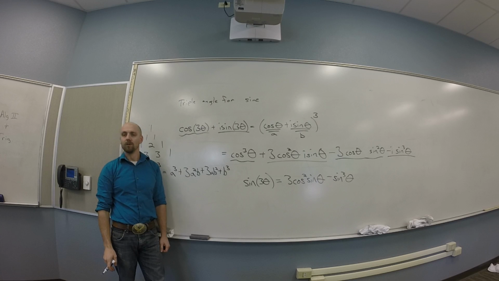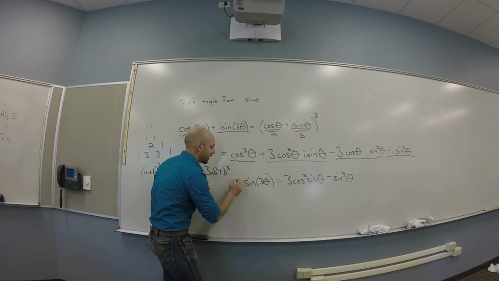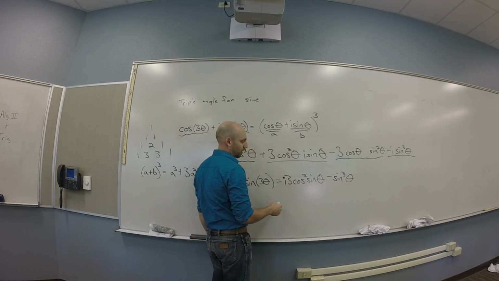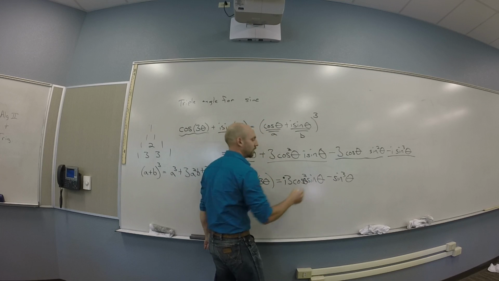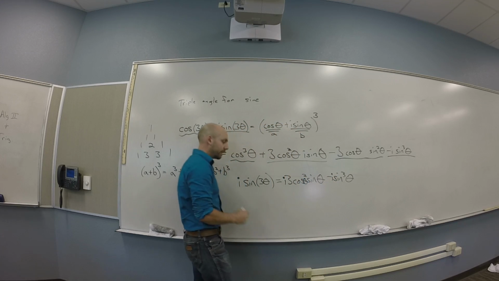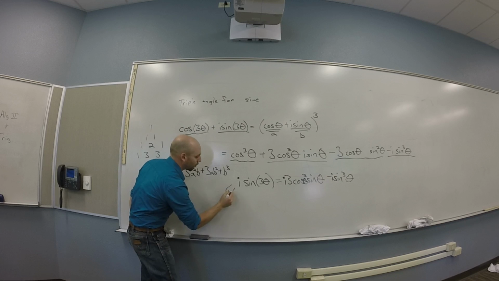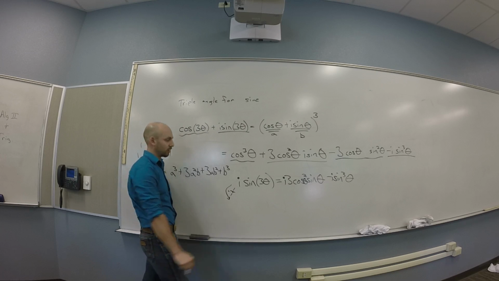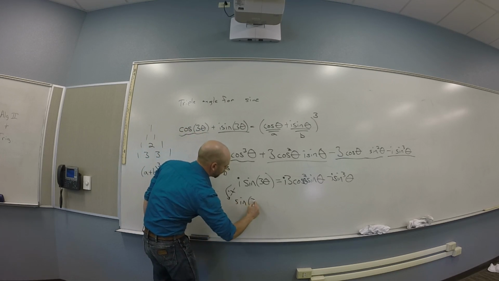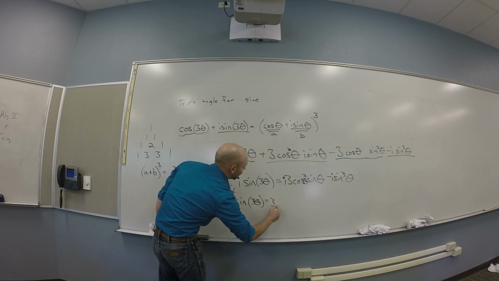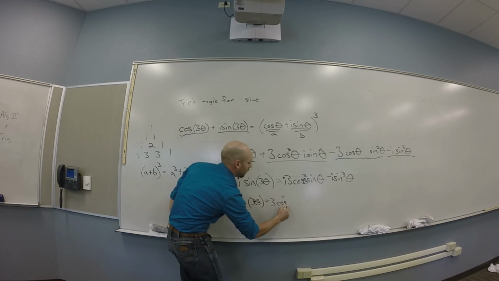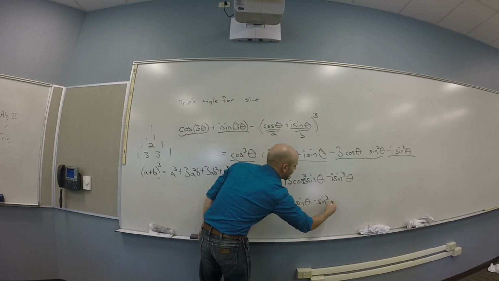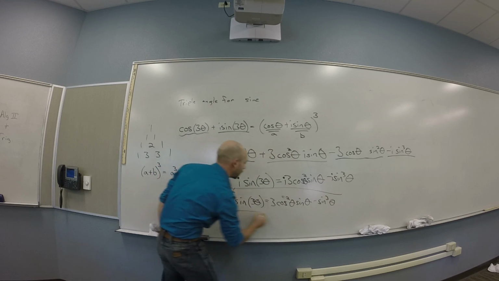Really, I could say i sine 3 theta is i times 3 cosine squared theta sine theta minus i sine cubed. And then I could divide this whole thing by i, multiply by 1 over i, and slash those out. So you'll get sine of 3 theta is 3 cosine squared theta sine theta minus sine cubed theta. And this thing is your triple angle formula for sine.